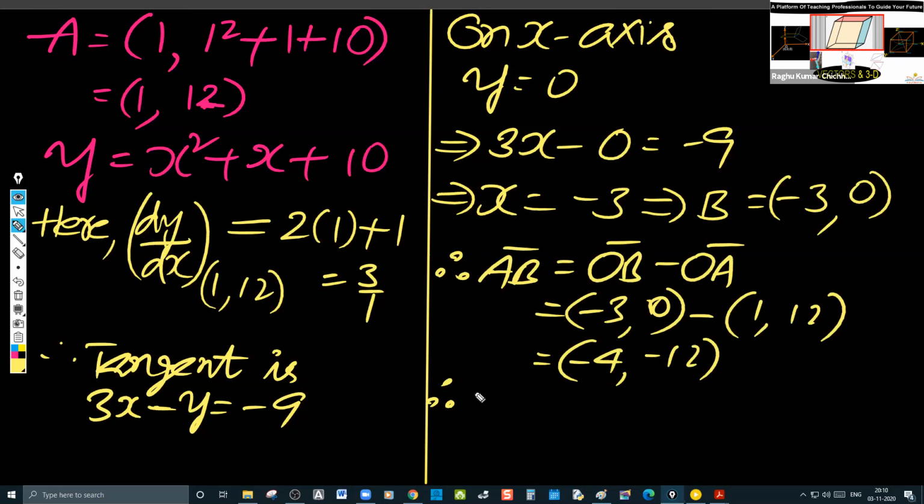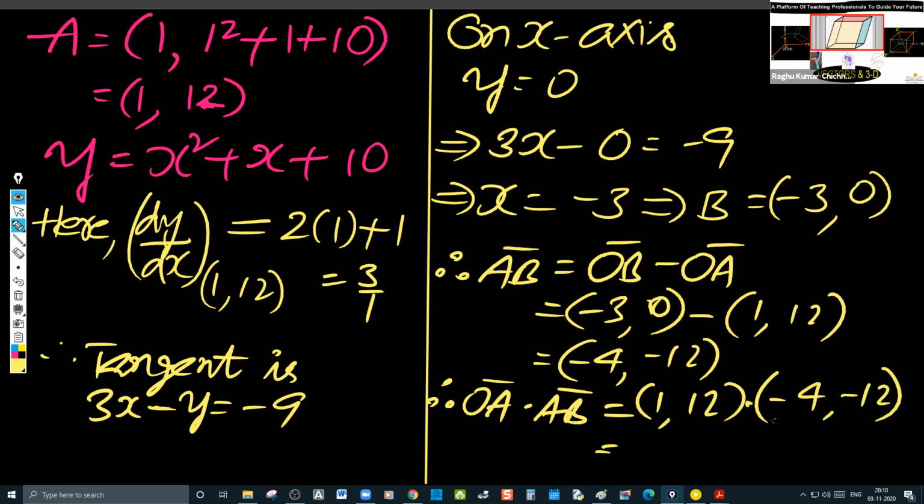Therefore, what he needs is OA bar dot AB bar, please. What is OA bar? This one only, 1 comma 12. What is AB bar? What we have got here, minus 4 minus 12. That's it. So it is minus 4 minus 144. What should be the answer? Minus 148.